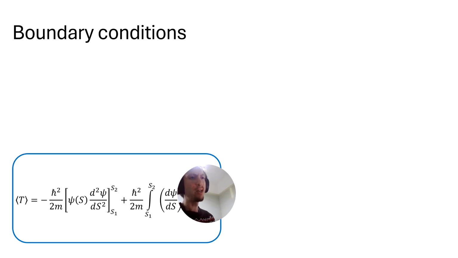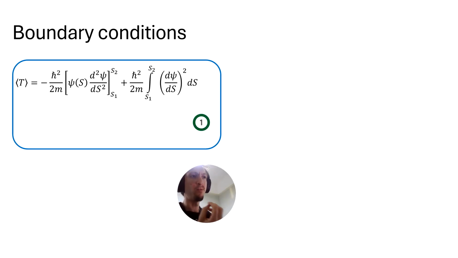So let's explore the physics of the boundary conditions we want to impose upon this rather bulky expression for the average kinetic energy of our stationary state quantum particle. Bit of a mouthful there, but worth emphasizing what we are doing. Well, when thinking of stationary state particles, there are a wide variety of stationary states we might want to pick.